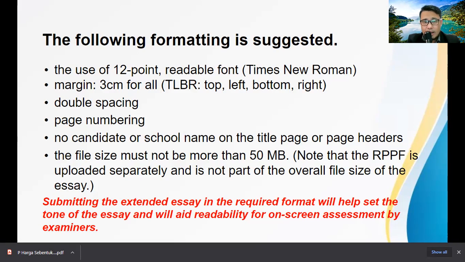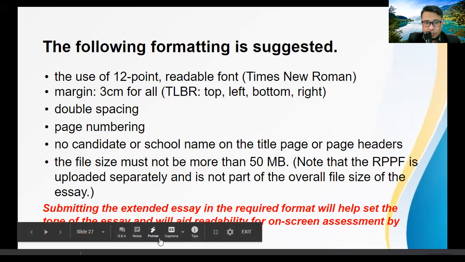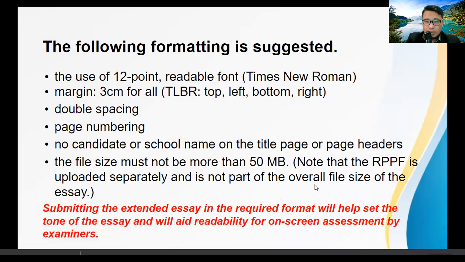The file size must not be more than 50 megabytes. If you follow this format, it will help the examiner or your teacher to assess your extended essay, especially aiding readability for on-screen assessment.